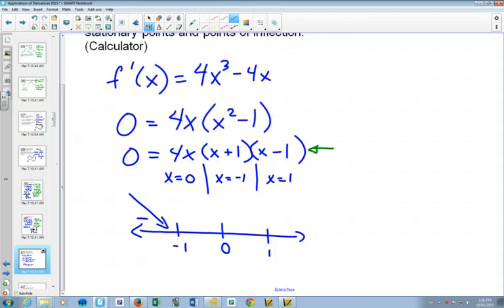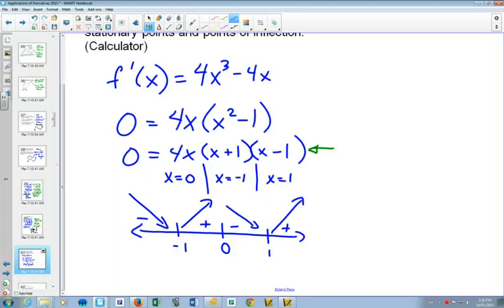Between -1 and 0, if we try negative 0.5, this is still negative, this is now positive, and this is negative. All those together make that section positive. At 0.5, only the last one's going to be negative, the other ones are positive, and anything bigger than 1, they're all positive again.